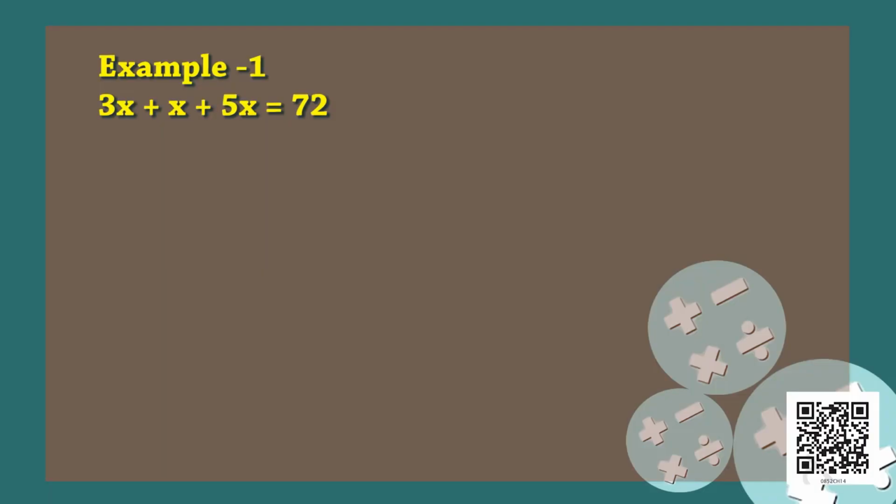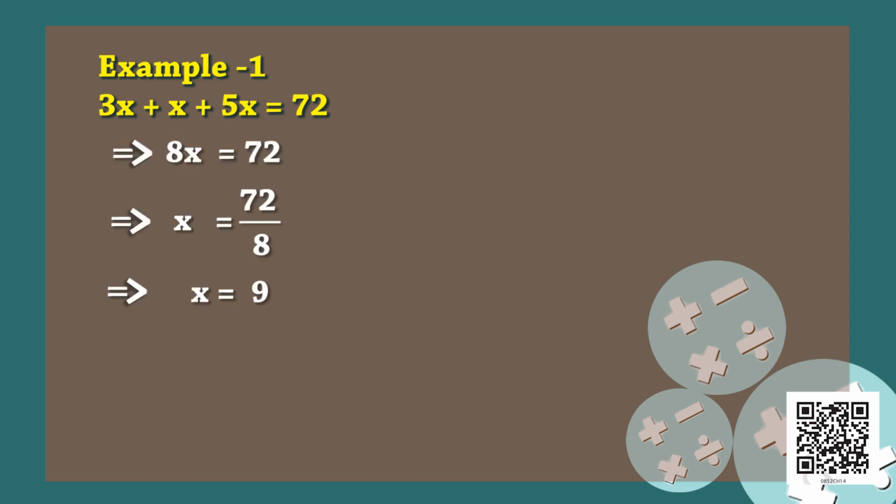Okay. Let us check this by illustrating the following examples. In the following examples, you have to find out what is the exact error, what is the reason, and what is the correct answer. First one, while solving an equation, Sarita does the following: 3x plus x plus 5x is equal to 72.